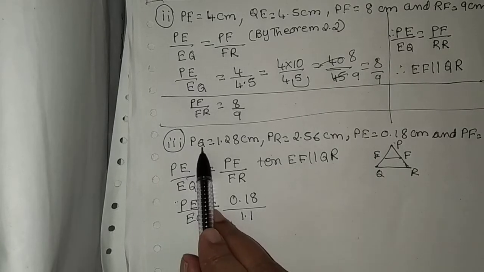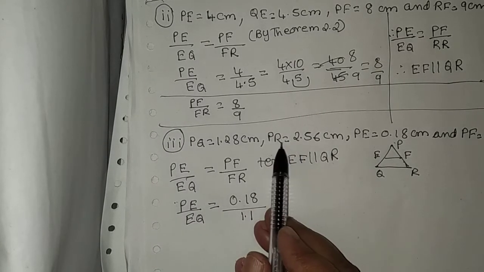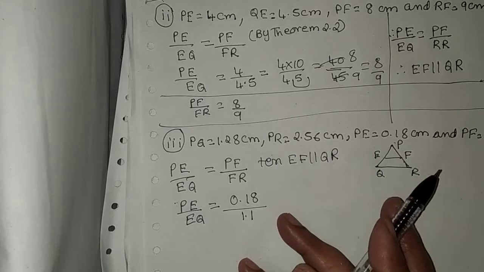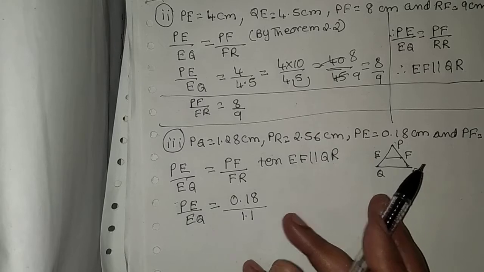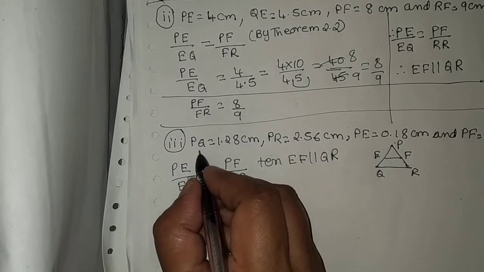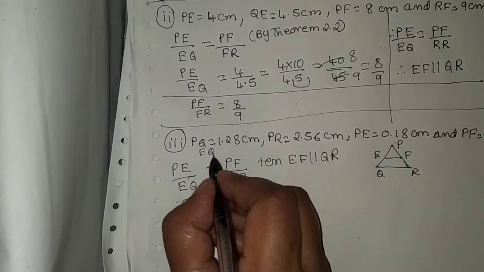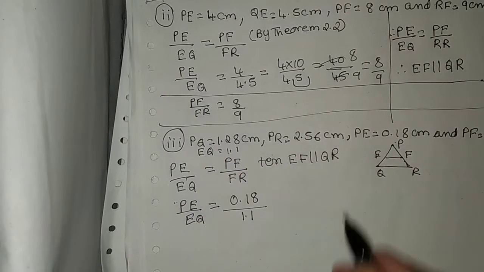This is PQ and PR, PF. So this is EQ. Here EQ is missing, therefore EQ equal to 1.1.